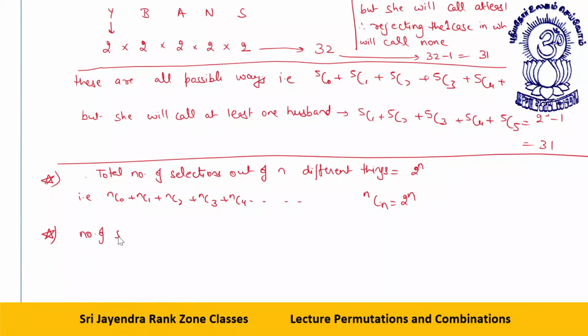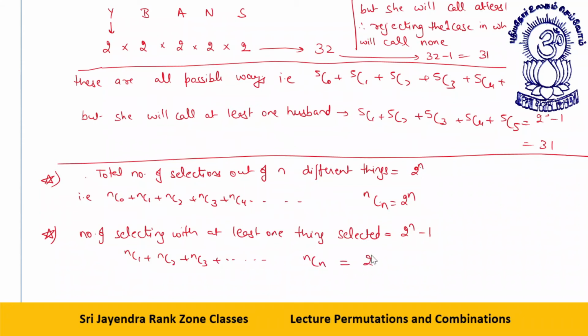Number of selections with at least one thing selected. With at least one thing selected is what? That is 2 raised to power n minus 1. That is nC1, nC2, nC3, and so on up to nCn.